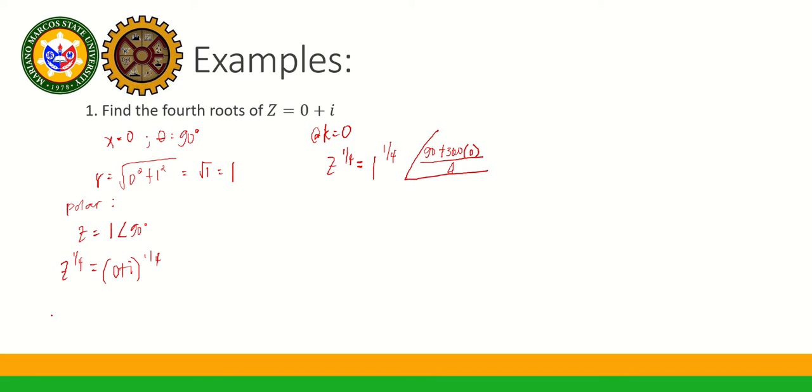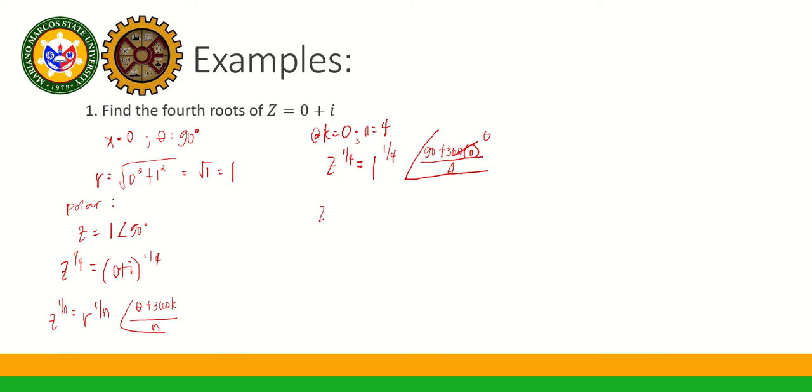Sulat nga natin muna yung formula. Z raised to 1 over n is equal to r raised to 1 over n angle degrees plus 360k over n. So, yung n natin dito is 4. N is equal to 4. Okay, so 360 times 0 is equal to 0.